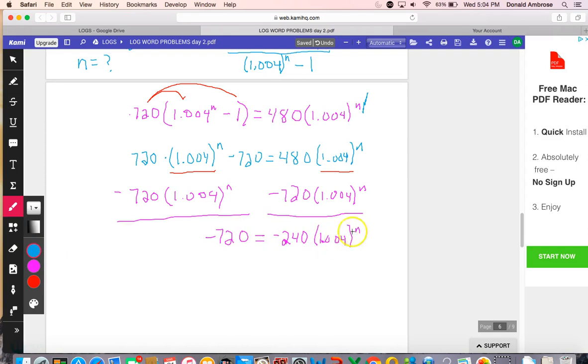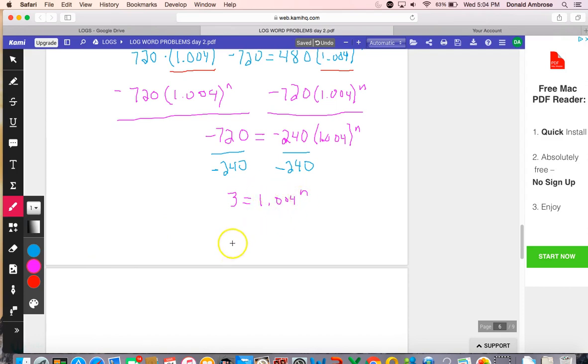To get this exponential expression by itself, we would just now have to divide both sides by negative 240. That would leave us with 3 on the left-hand side and 1.004 to the nth power on the right-hand side.